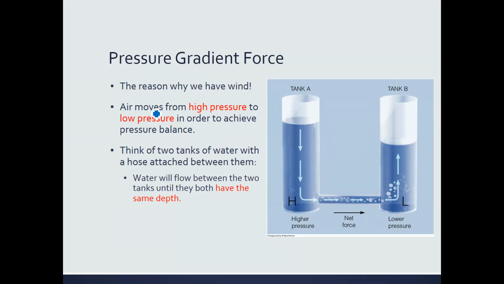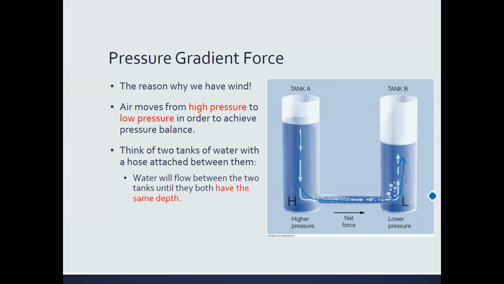And what will happen is water from the full tank will actually then travel to the tank that is only half full. And so the net motion is from high pressure to low pressure. And this net motion will continue until the two have the same pressure, until the two have the same amount of water in the tanks.